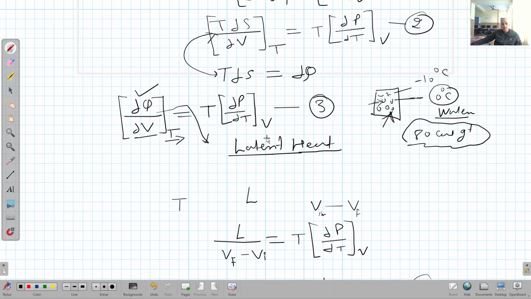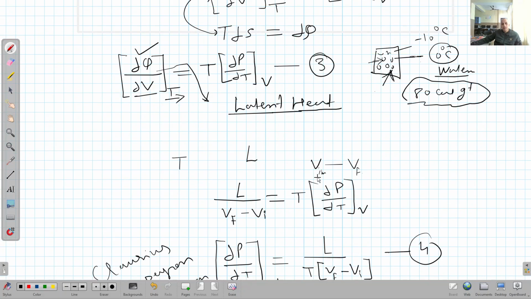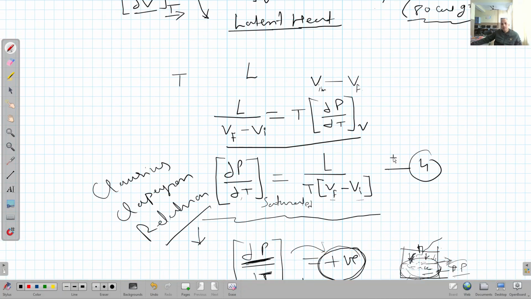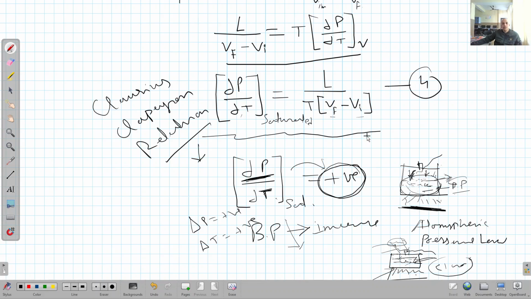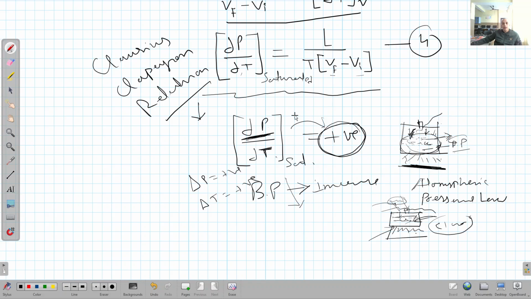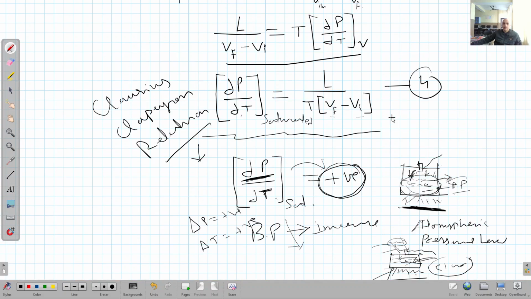Then after simplification, we got this relation. We further modified it and arrived at equation number 4, which is called the Clausius-Clapeyron relation, right? We have seen what is the implication or meaning of this relation. What is the utility of this relation? So this is all about this relation.